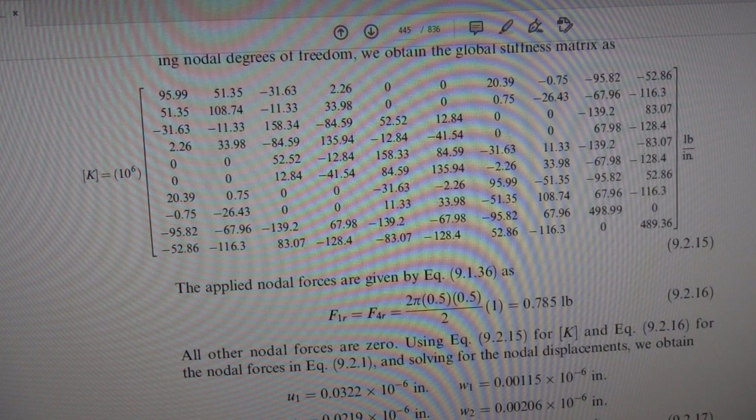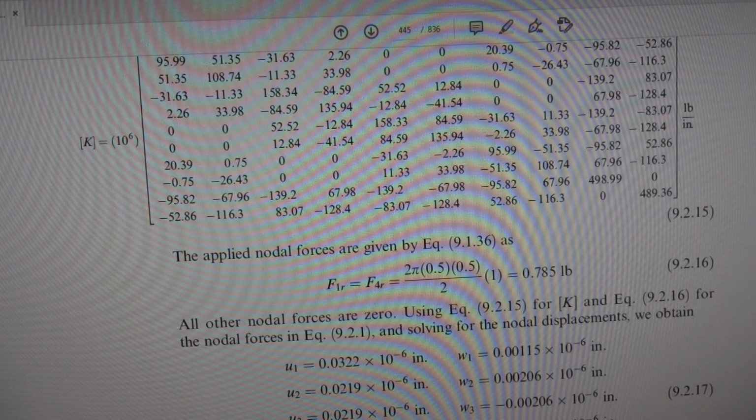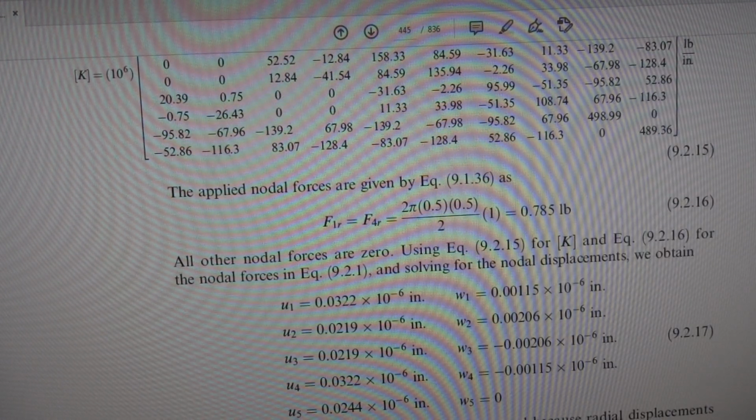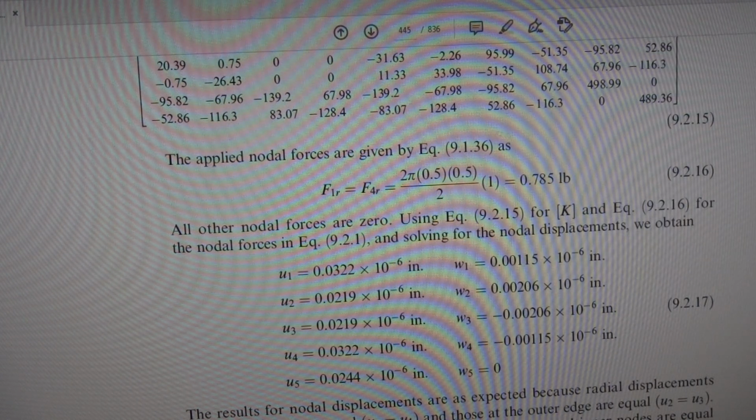It is symmetrical, so you can take the boundary conditions at the 10th row and 10th column, which can be discarded from the solution while applying the boundary conditions, and this one is the values. So you get the result for the nodal displacements here.